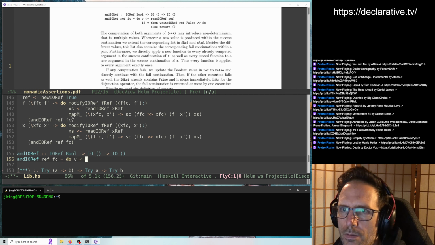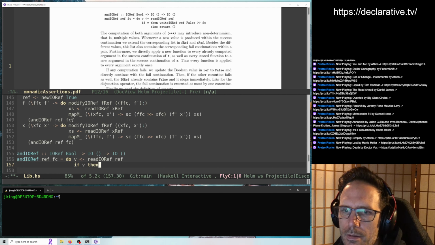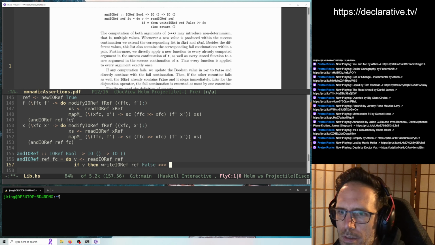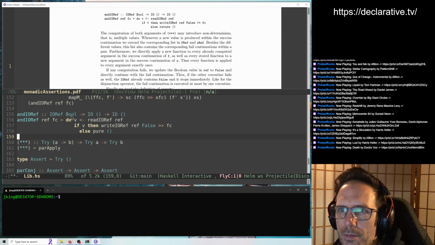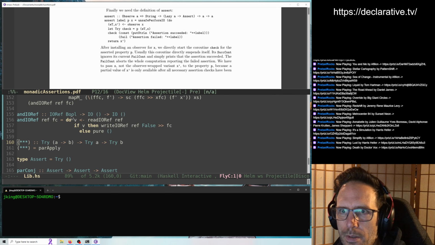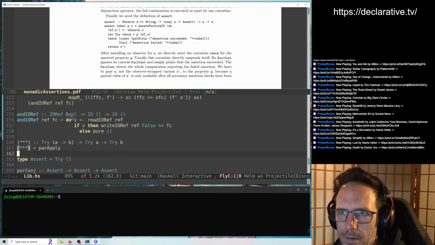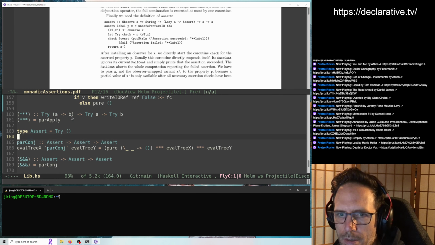So we read the IORef value. And then if that value is true, write IORef false and call the failure continuation, else just return. Okay. Finally we can implement assert.